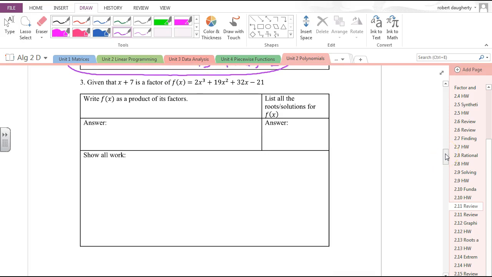Given that x plus 7 is a factor of this polynomial, write f of x as a product of its factors. So that means factor this polynomial, and list all of the roots. First of all, let's look at all the possible roots. It's going to be plus or minus the factors of 21, so 1, 3, 7, and 21 divided by the factors of 2, which are just 1 and 2.